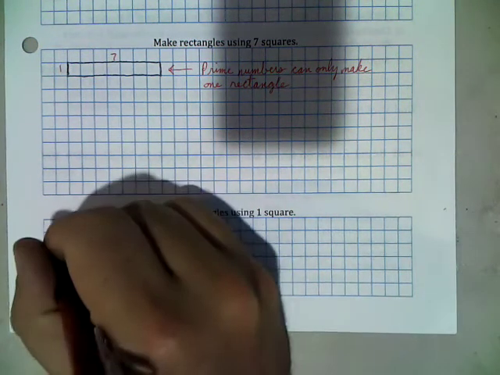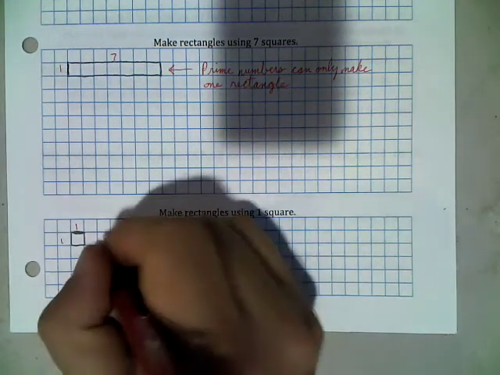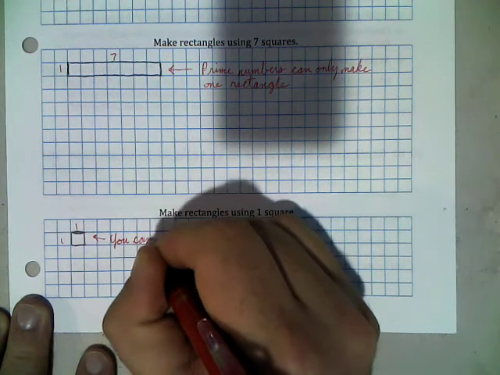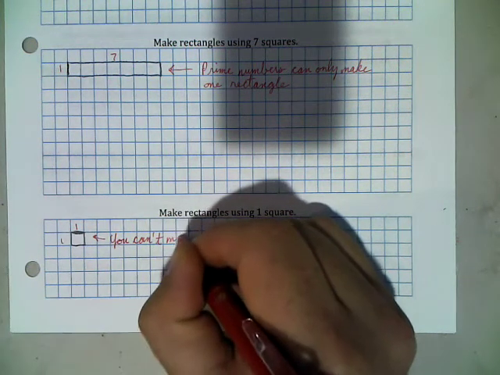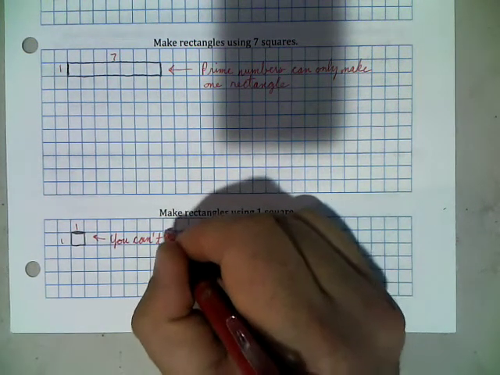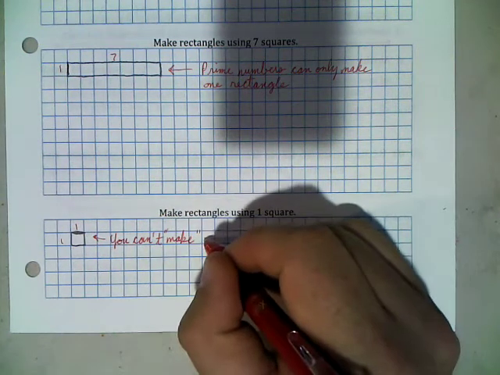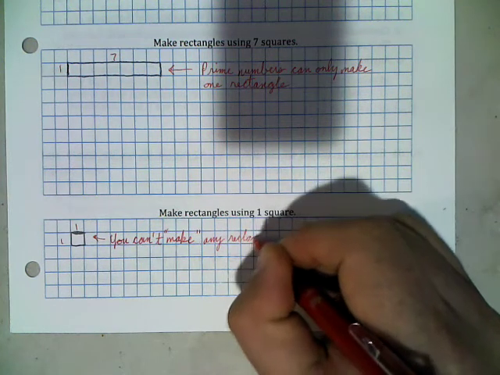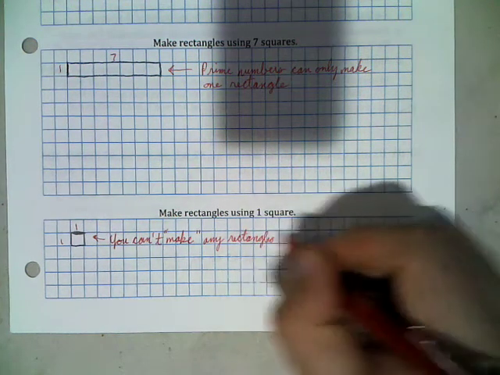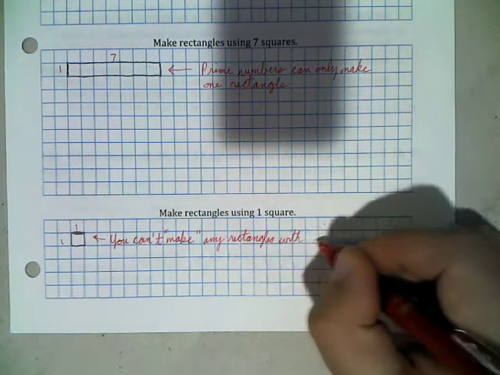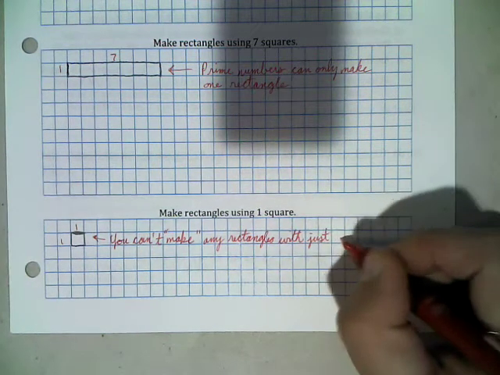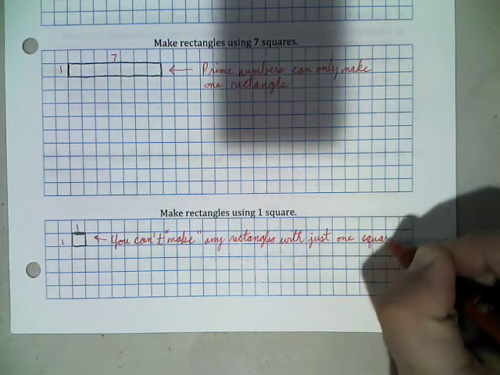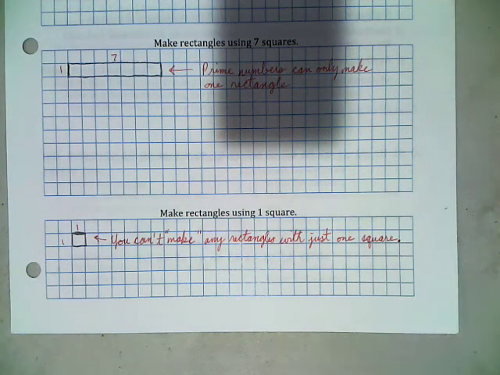So, one, you can't make any rectangles with just one square, with just one box.